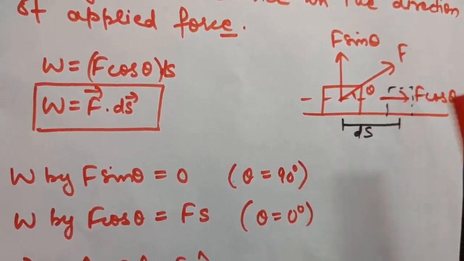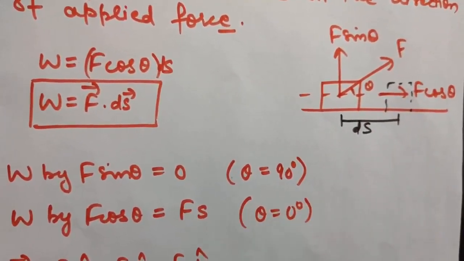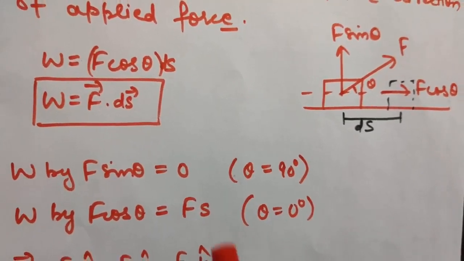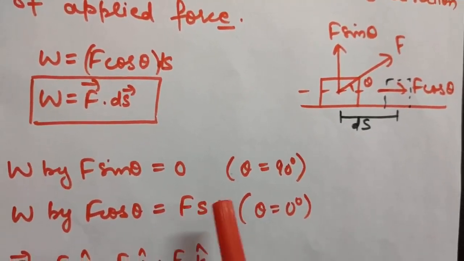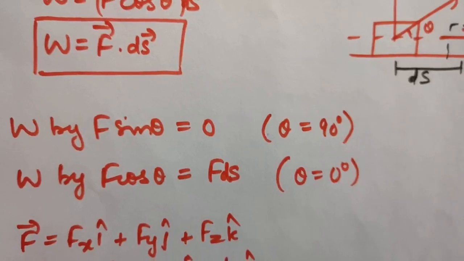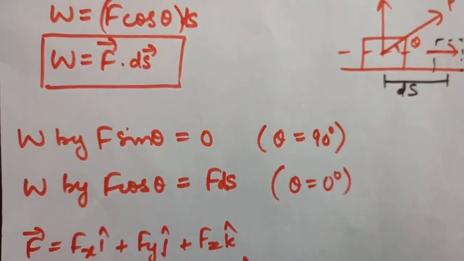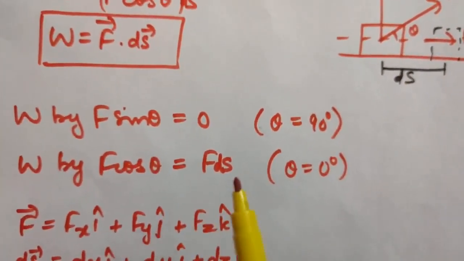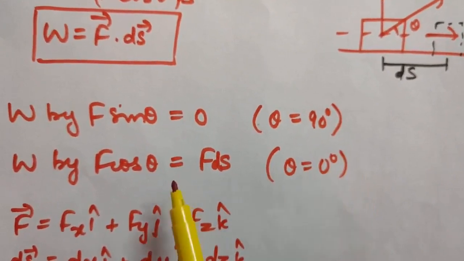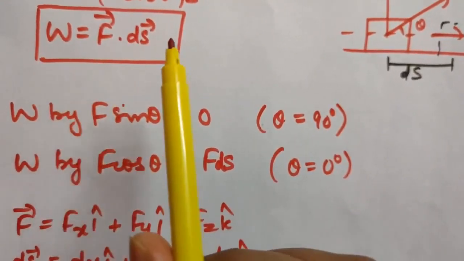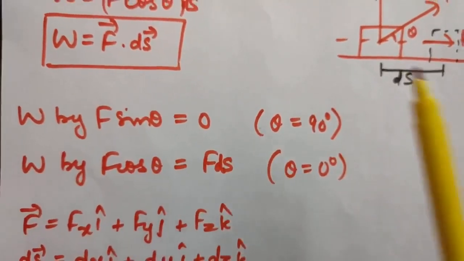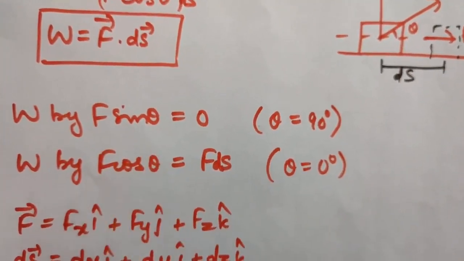So cos 0 is nothing but 1. So the work done will come to be F ds, because F ds cos 0 is 1, so it will be F ds. So this is the general formula, and from the particular angles you can calculate work done by the different components of forces.